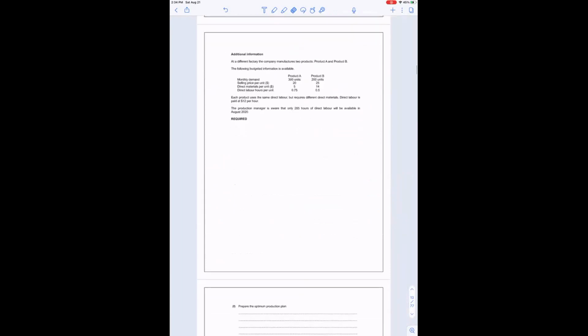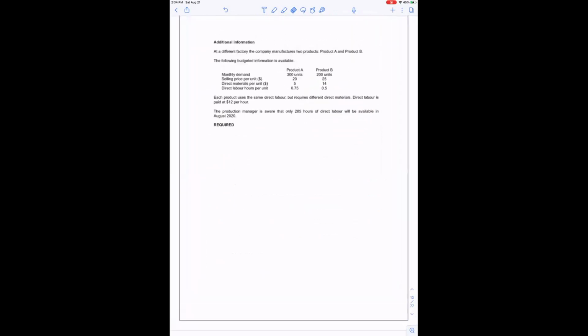Now let's look at the next part of the question. It is a continuation of the same year paper, 9706, May-June 20, paper 23. At a different factory, company is manufacturing two products. One is product A and one is product B. Monthly demand is 300, 200.